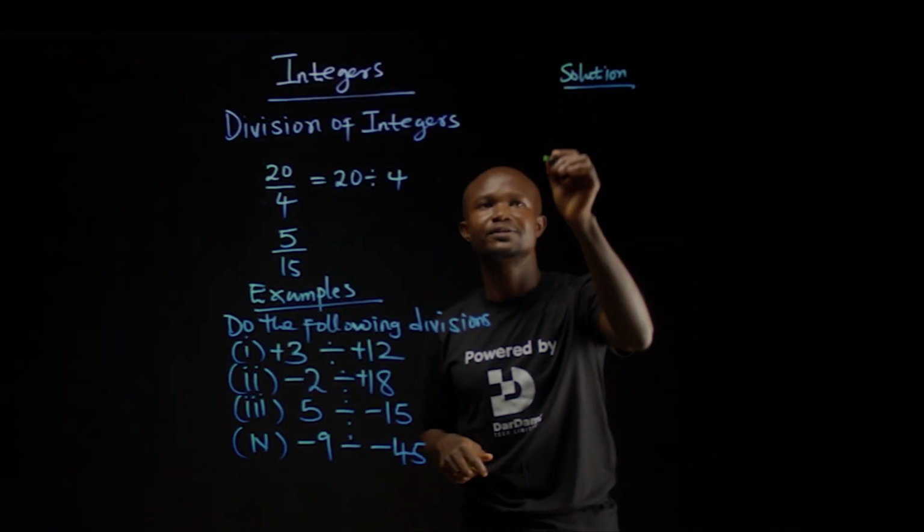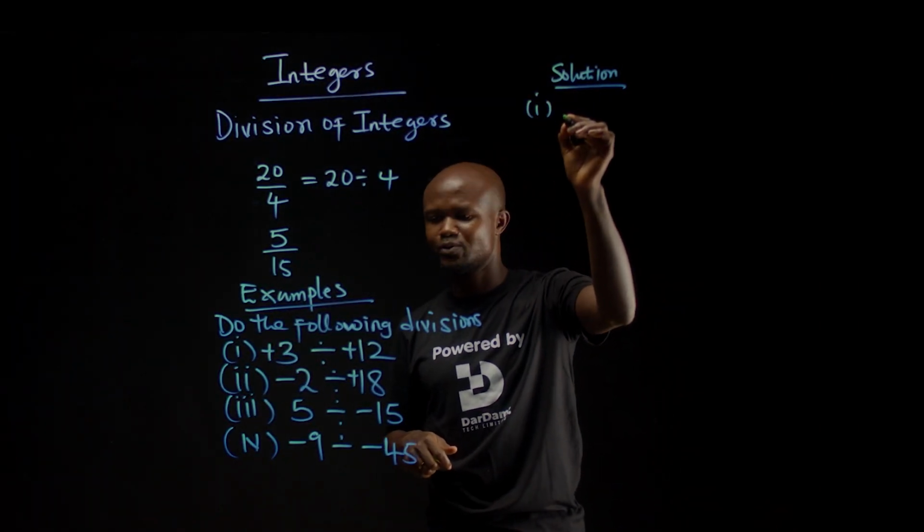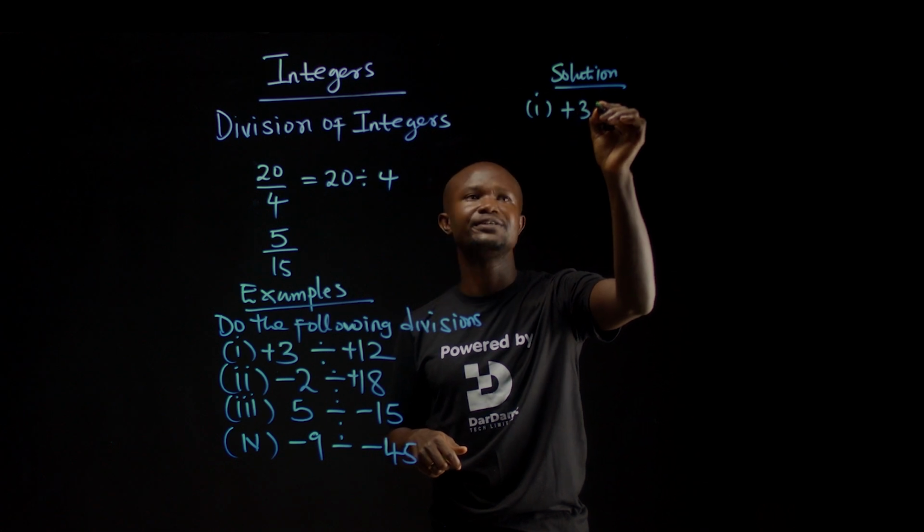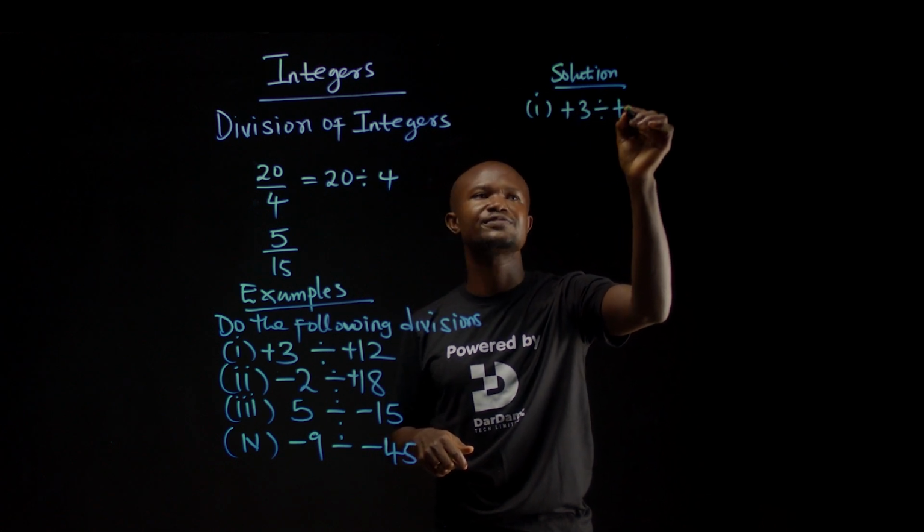Now the first one, we have plus 3 divided by plus 12.